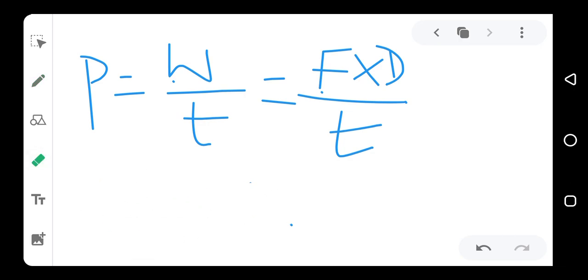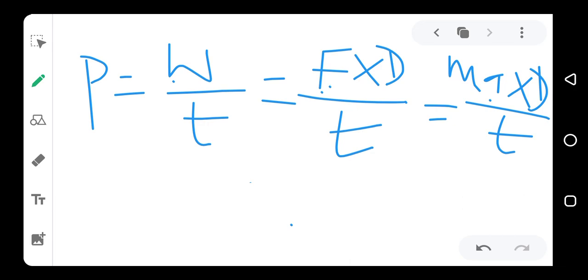Now this can also be equal to mass times acceleration times distance, over time, because MA is equal to F and then times distance. So these are different ways that we can express work, the formula for work.